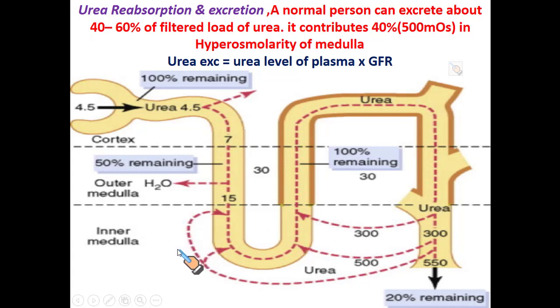We have discussed the peculiarities of the descending limb of the loop of Henle, and the very important properties of the ascending limb, particularly the thick segment of the ascending limb.